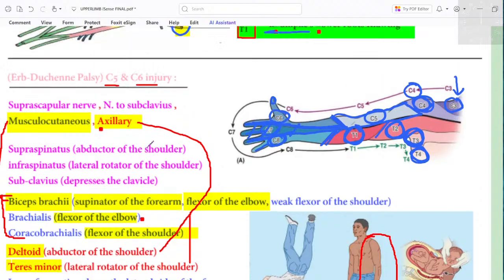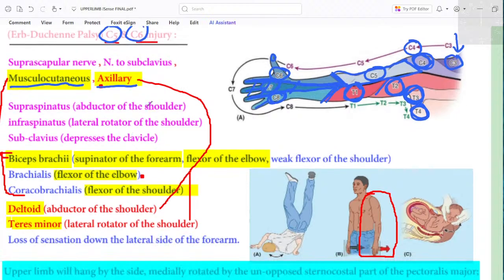If there is C5 and C6 injury, mainly the musculocutaneous nerve and axillary nerve will be affected. From here, you need to remember that the axillary nerve gives supply to two muscles: one is deltoid, another one is teres minor.